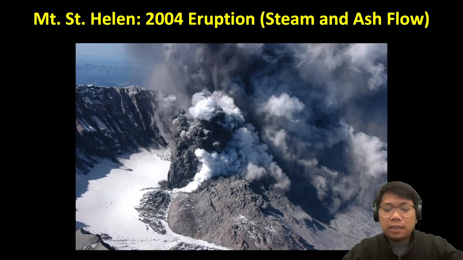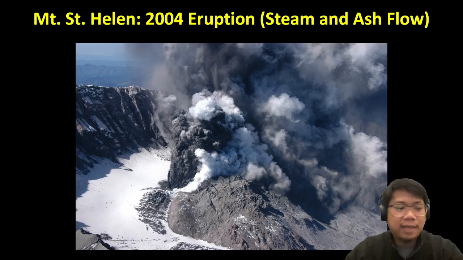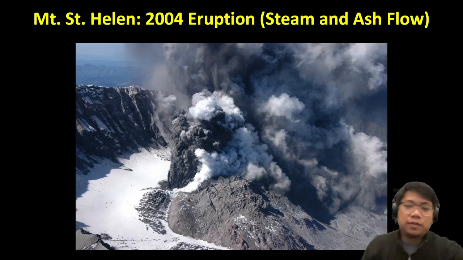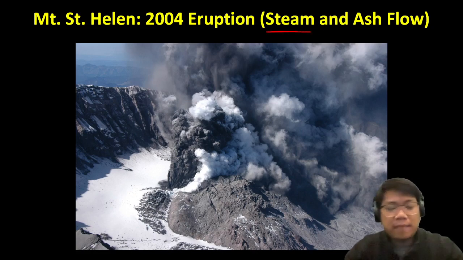And Mount St. Helens, even though we had a major eruption in the 1980s, is still very active until today. For example, here we have the 2004 eruptions. Even though it was not as violent as the 1980s eruptions, the 2004 eruption was still notable, and it mainly produces steam and ash flow.